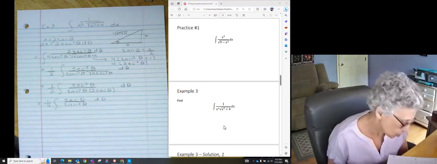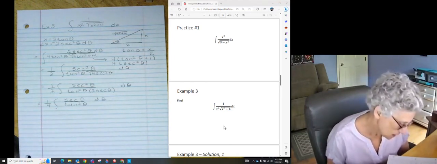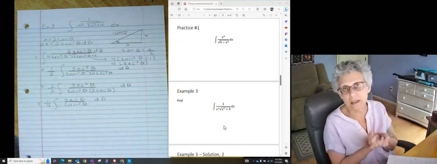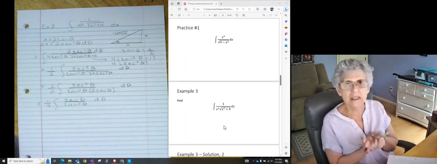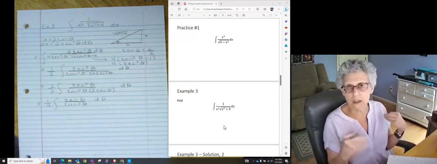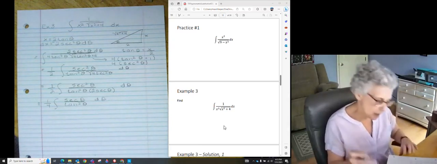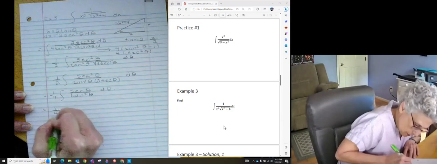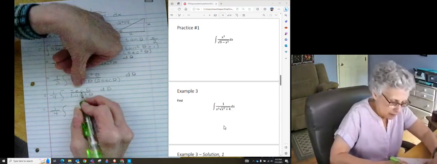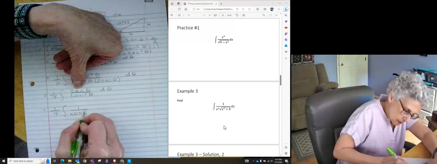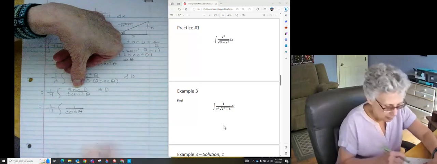So let's think about what would work. I could replace tangent squared, but then I would have my 2 terms on the bottom. I don't like that option. I'm going to see what happens if I replace secant with 1 over cosine and tangent with sine over cosine. So this is 1/4 integral. Secant is just 1 over cosine of theta.